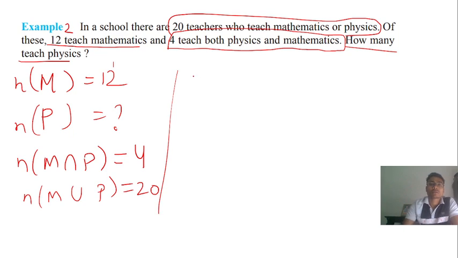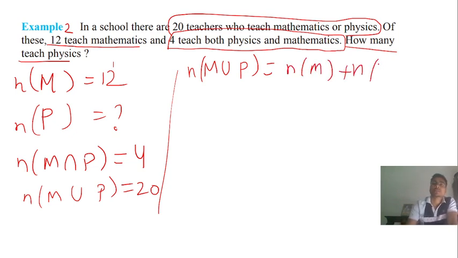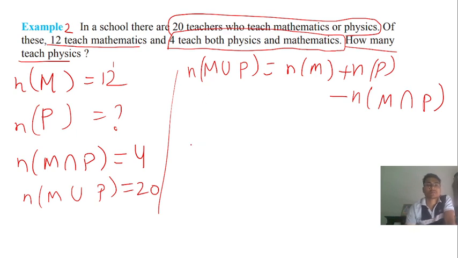So now we will put all the data in the formula. Maths union physics is equal to the number of elements in maths plus the number of teachers in physics, negative of the number of elements in maths and physics. 20 is equal to 12 plus the number of teachers of physics, negative of 4.